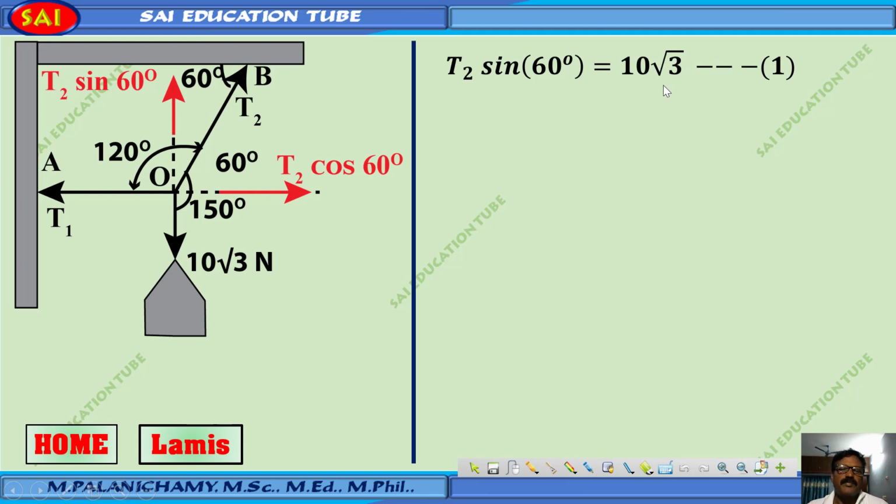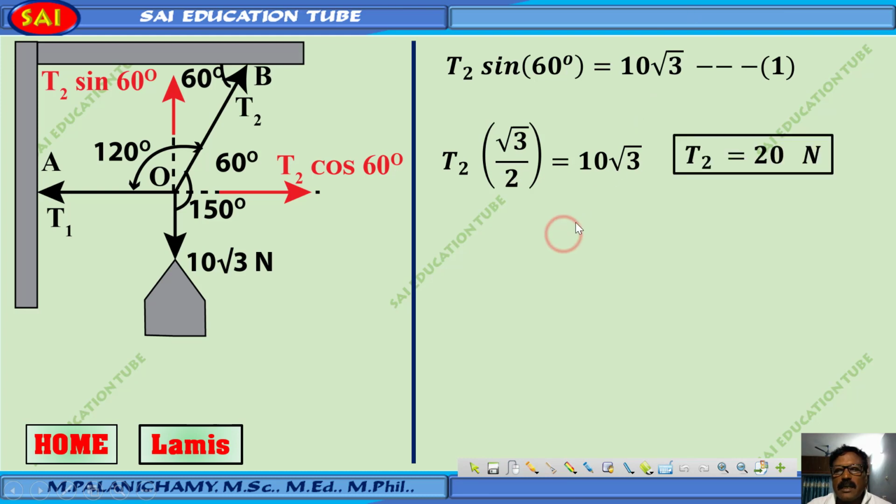Let it be equation 1. Sin 60 equals root 3 by 2. Therefore, T2 root 3 by 2 is equal to 10 root 3, and this root 3 and root 3 get cancelled and the 2 goes here. Therefore, T2 is equal to 20 Newton. T2 is found to be equal to 20 Newton.